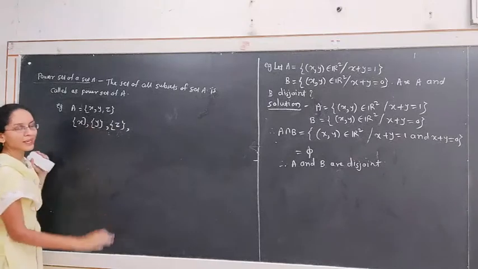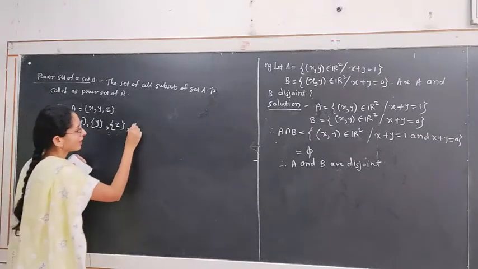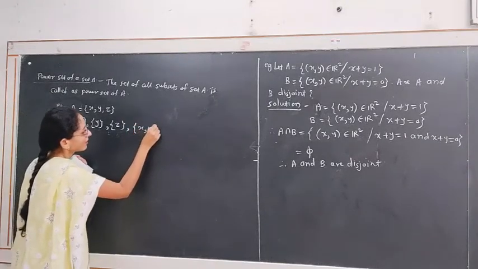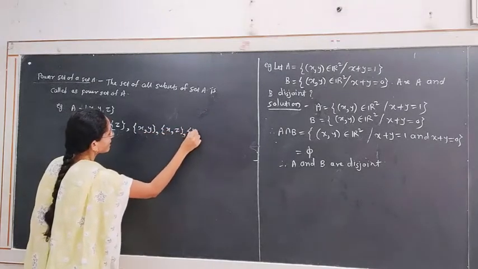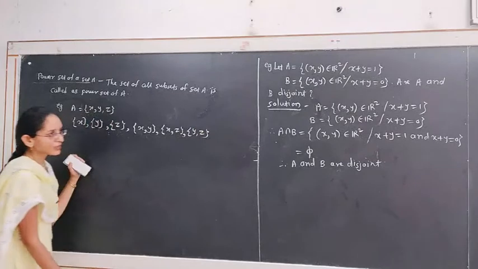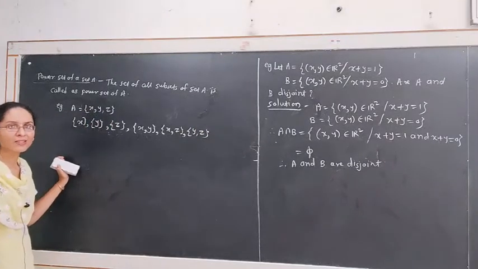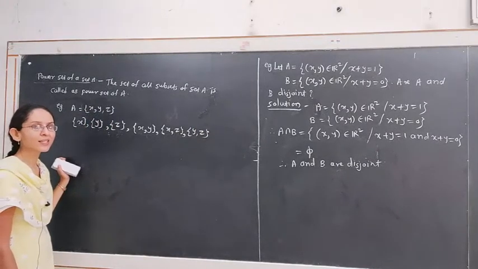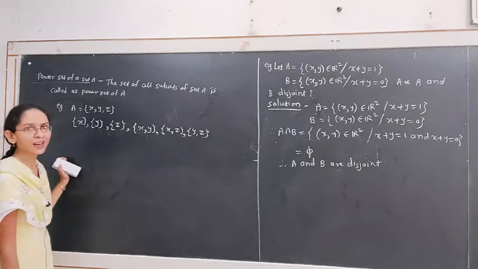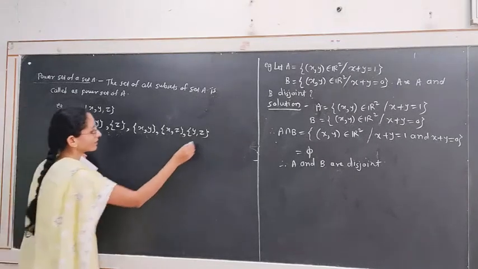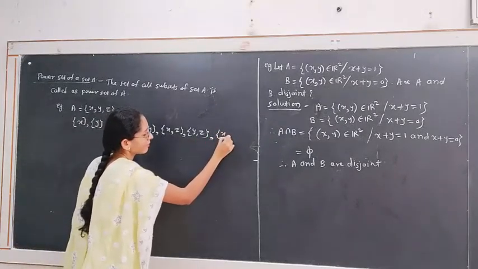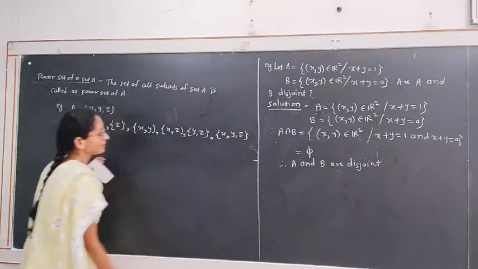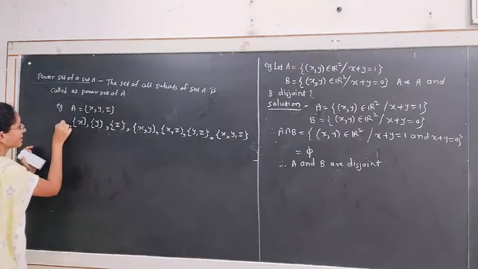The subsets of set A containing two elements are {x, y}, {x, z} and {y, z}. Also we know that any set always has two subsets, namely the same set and the empty set. The next subset of this set A is {x, y, z}, and the empty set is also a subset of this set.